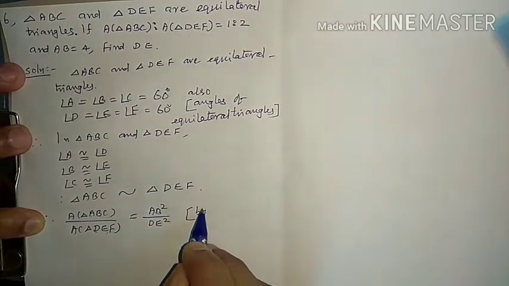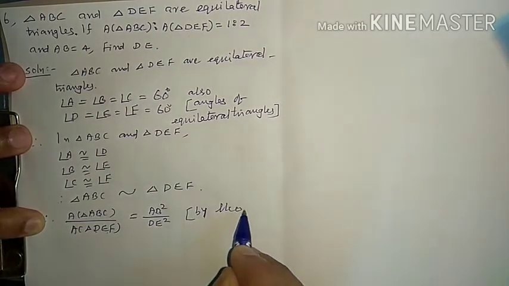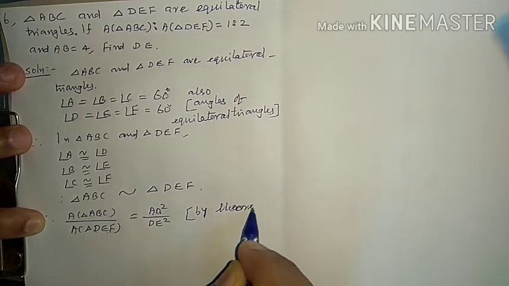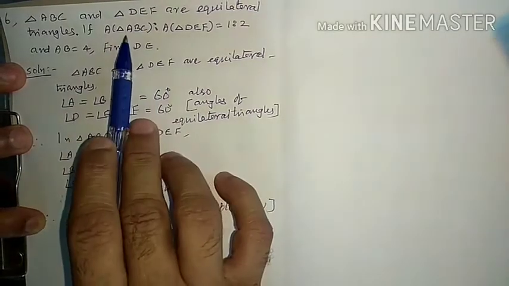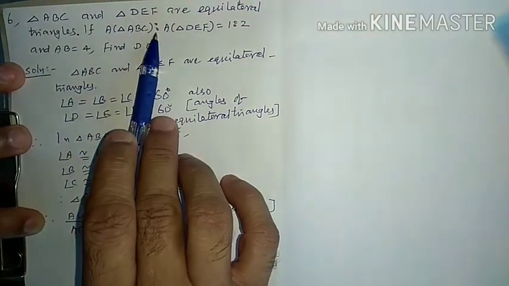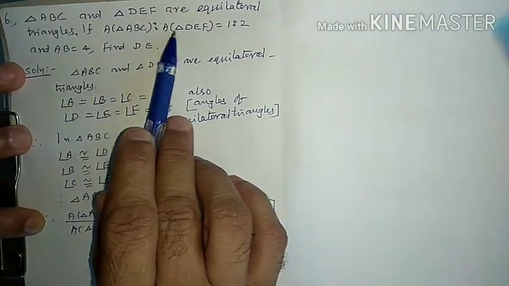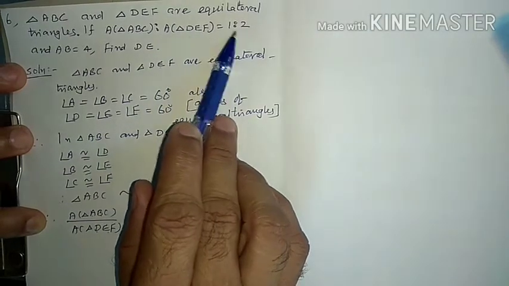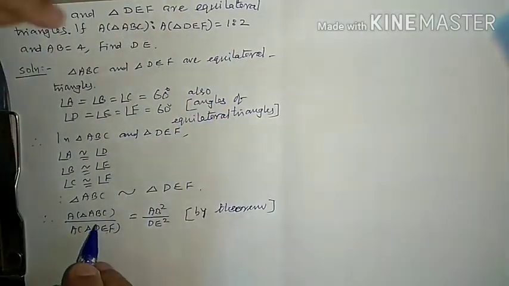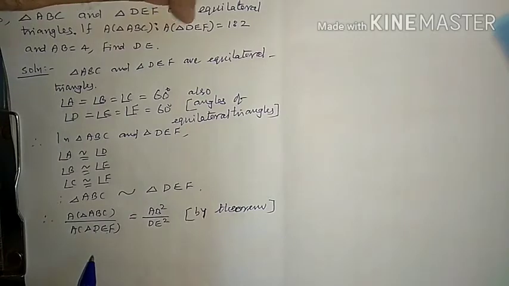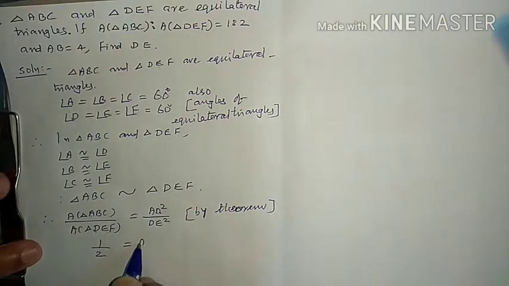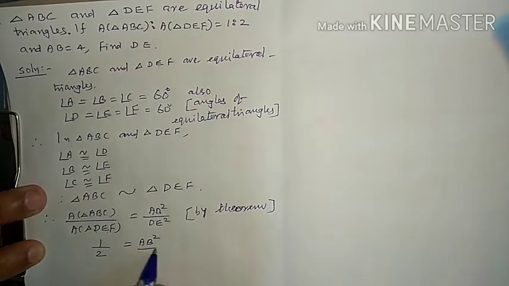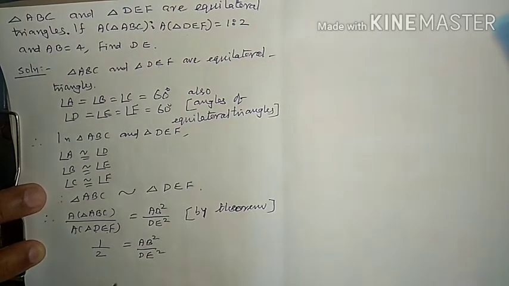By theorem, we got, but these ratios are given. See, area of triangle ABC is 2, upon area of triangle DEF is 1:2, 1 upon 2. Area of triangle ABC to this is 1:2. So 1 upon 2 is equal to AB square upon DE square.